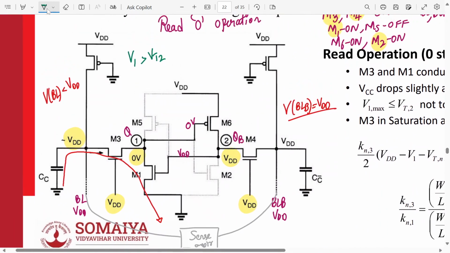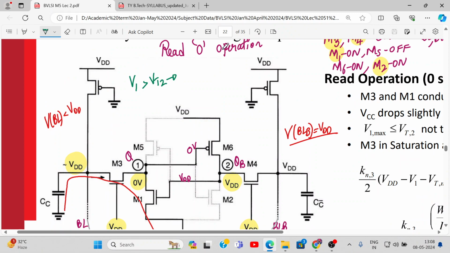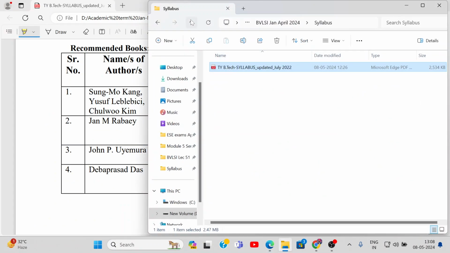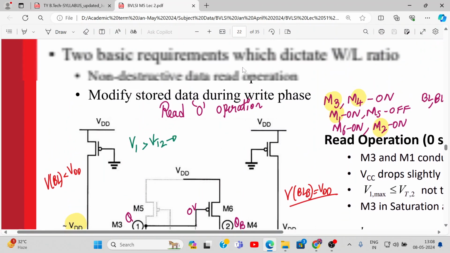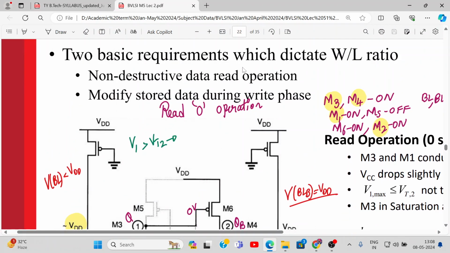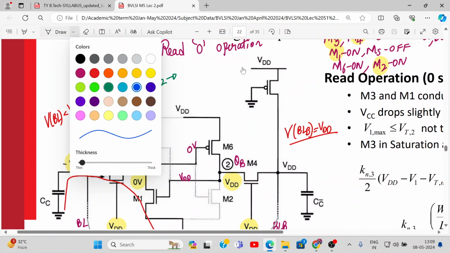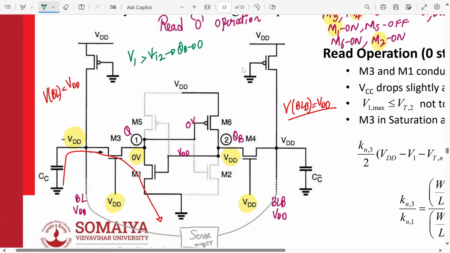So if V1 is greater than VT2, then QB, the second inverter, can switch the state.